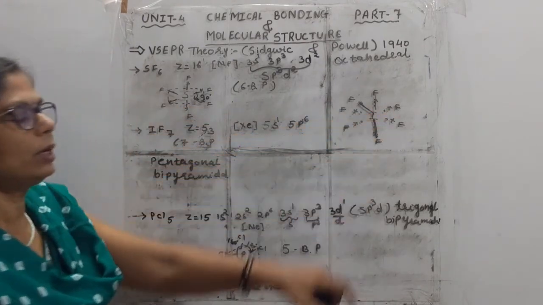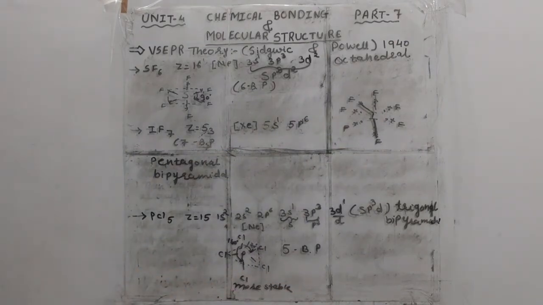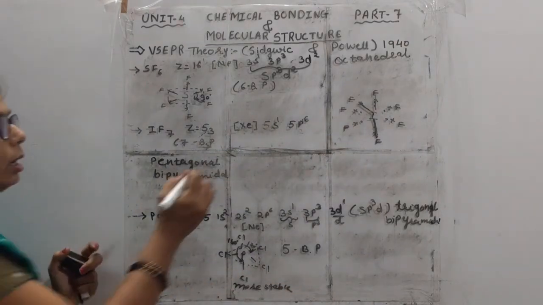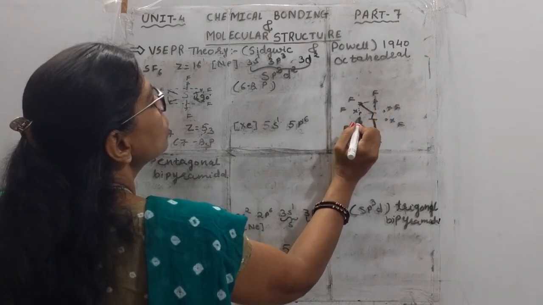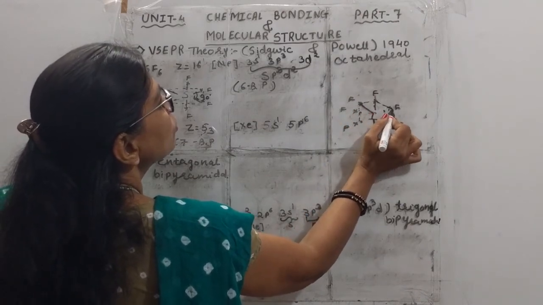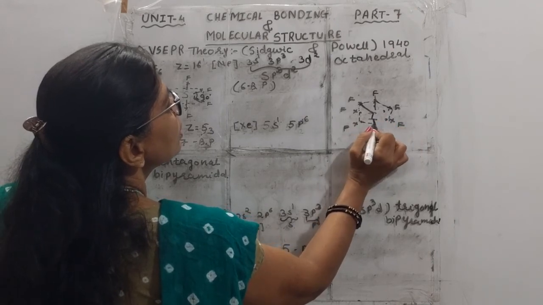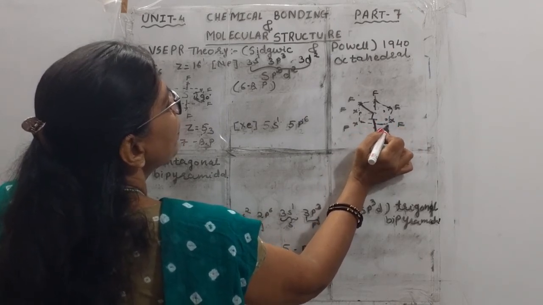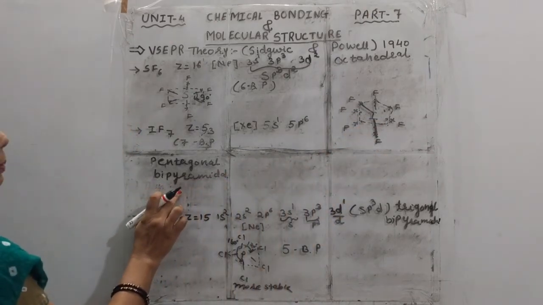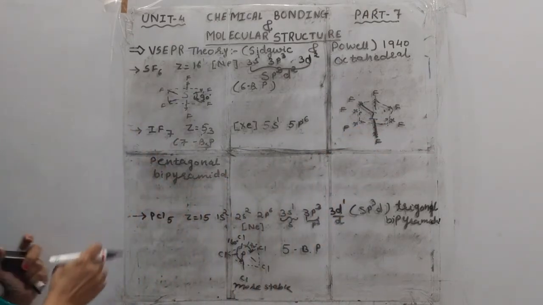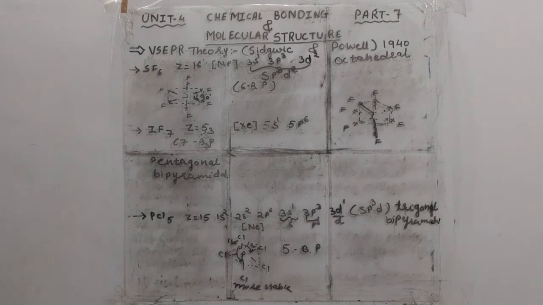Now we'll try to connect all the angles 1, 2, 3, 4, 5. This way you can see this is a pentagonal shape, students. So this is pentagonal bipyramidal shape for IF7.